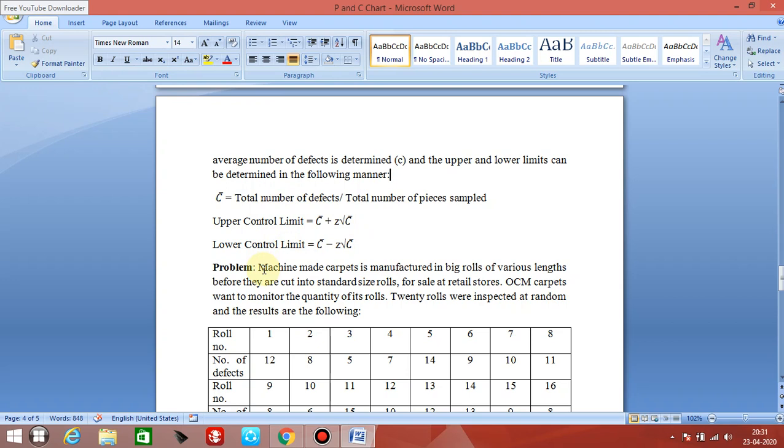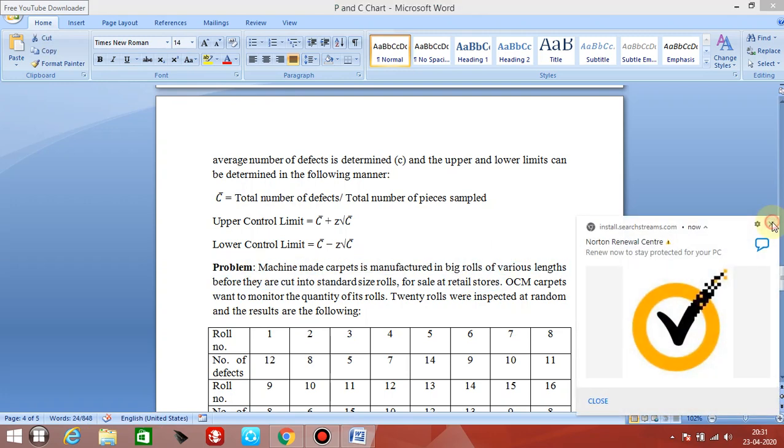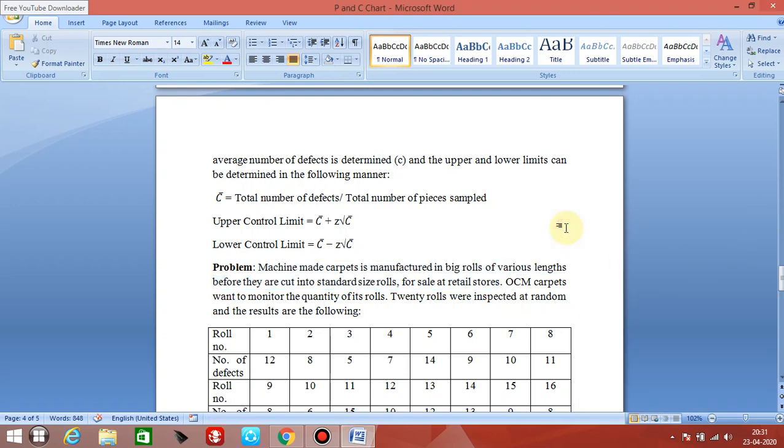Now let us take an example so that we can understand in a simple manner. The problem is given as: machine-made carpets are manufactured in big rolls of various lengths before they are cut into standard size rolls for sale at retail stores.